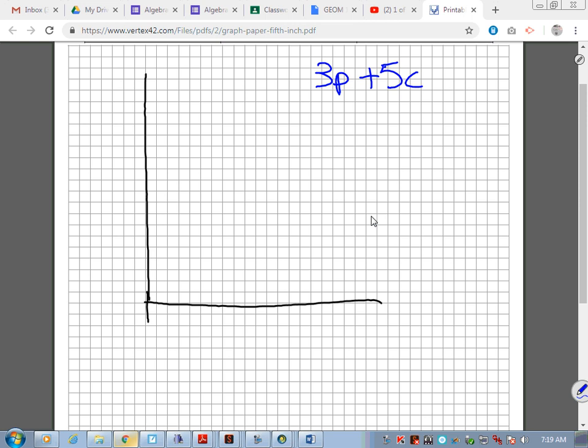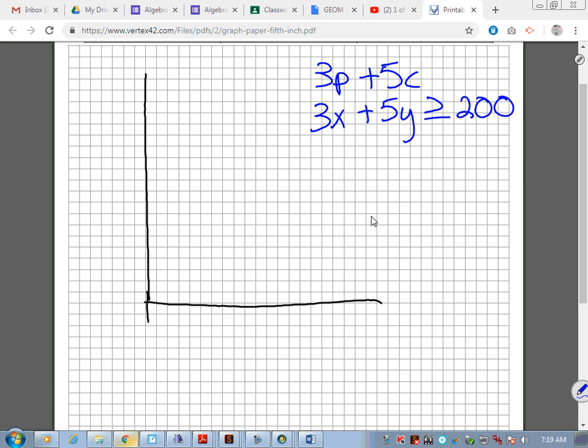Let X represent the number of posters, so we can substitute X for P. And we are going to use Y for our CDs, so 5Y. And we want an inequality. So it's got to make at least $200, so it's going to be greater than or equal to $200.